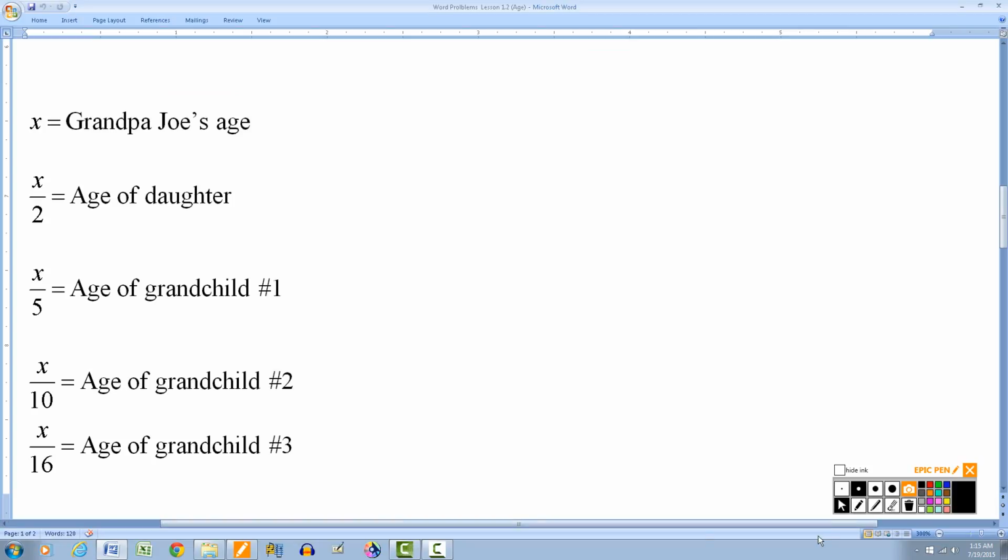Based on what they tell me, if I add the ages of the mom and the 3 grandkids, that would be x over 2 plus x over 5 plus x over 10 plus x over 16.